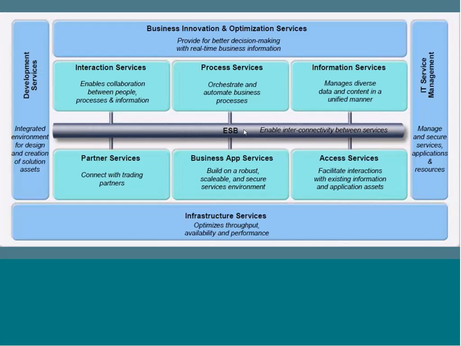ESB stands for Enterprise Service Bus, and it is a backbone which acts as a connector between all these kinds of services. Without ESB, there is no interconnectivity, and where there is no interconnectivity, the enterprise services sense is gone. So ESB is important for the purpose of interconnectivity.